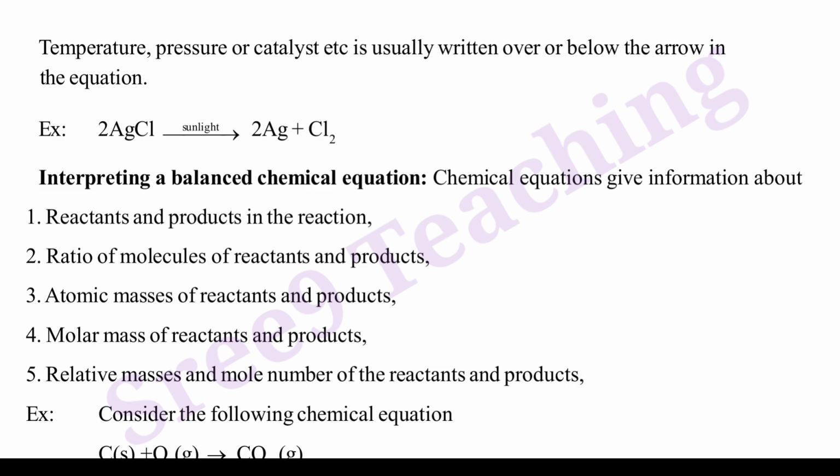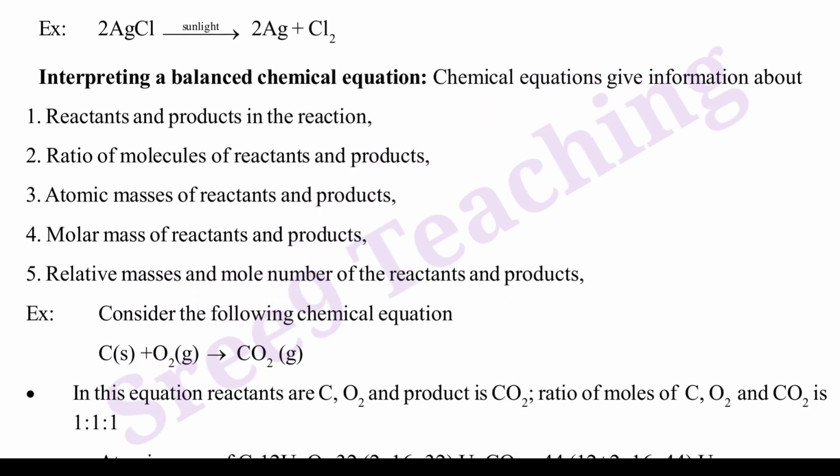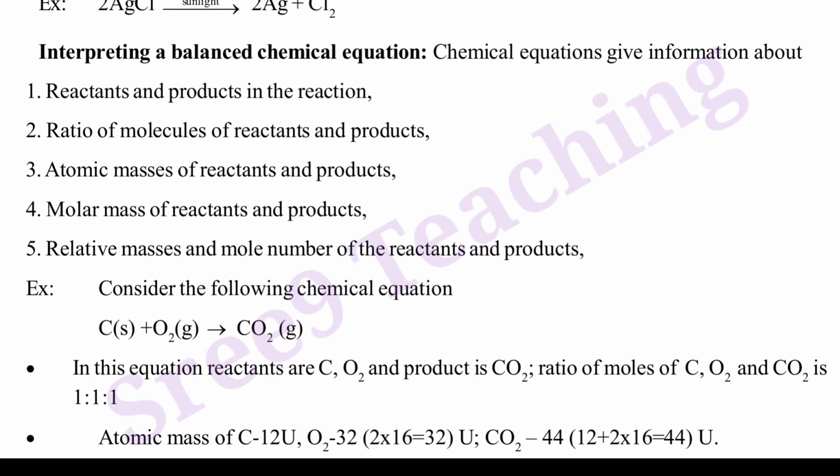Now this is one type of chemical equation we use. Now coming to interpreting a balanced chemical equation. This is the last topic here. Chemical equations give information about, first, the reactants and products in the reaction. Second, the ratio of molecules of reactants and products, meaning how many molecules are involved on the reactant side and how many are formed on the product side.